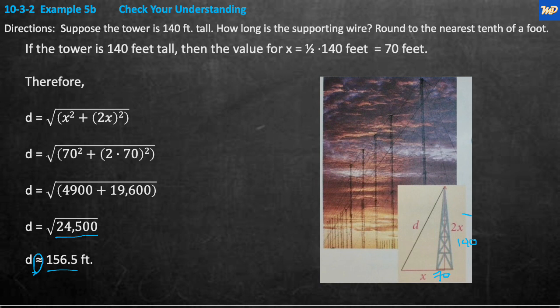So this is equal to 156.524758424 98, and on and on and on. So we rounded that to the nearest tenth, and we got 156.5. We went to this point, the 5, and since the next number over to the right is less than 5, this number stays 5. So it's approximately 156.5.